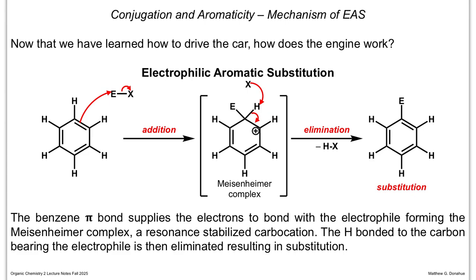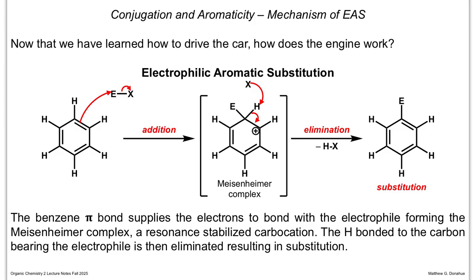So as I said, this really can be generalized for any electrophile that we're using. We have to make sure that the benzene ring itself is matched to whatever that electrophile is. That's why we include Lewis acids and things. But there's an addition.